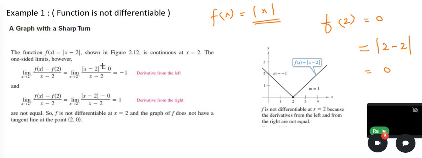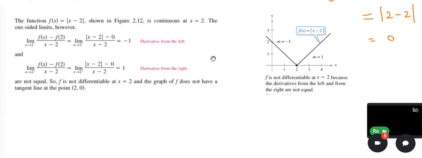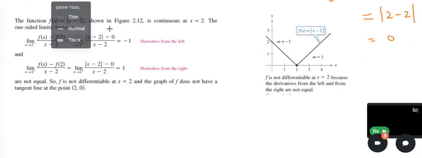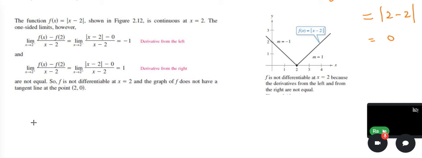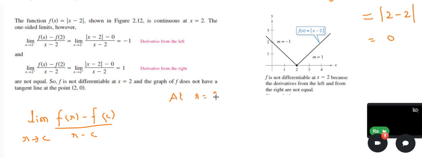Now what about differentiability? Let's check that. We have to find the left hand limit and right hand limit, so we can apply the formula. The basic formula for differentiability is the limit as x approaches c of f of x minus f of c, all over x minus c. Here we are concerned about the point x equal to 2.